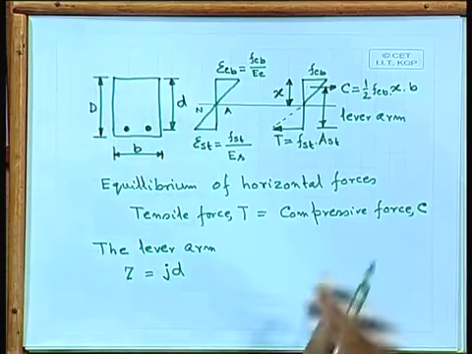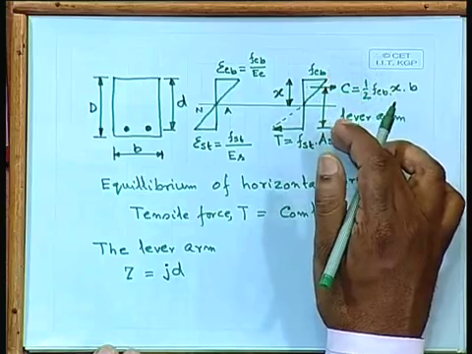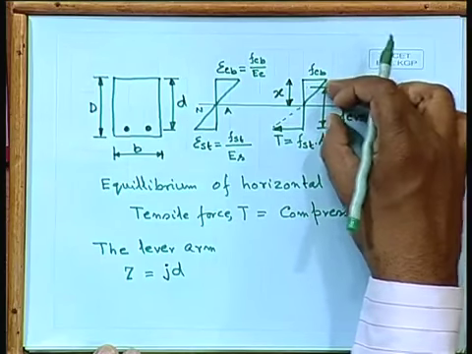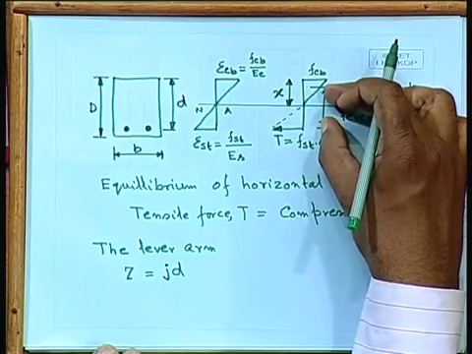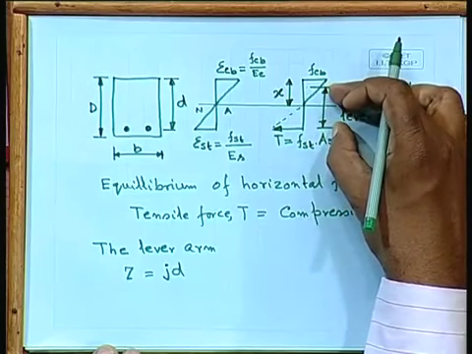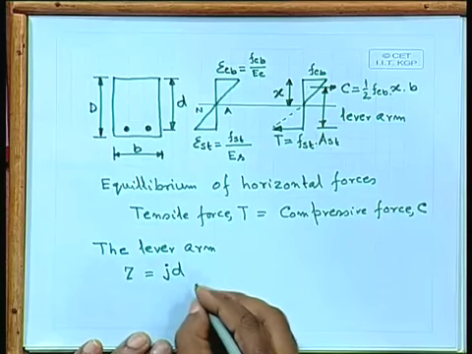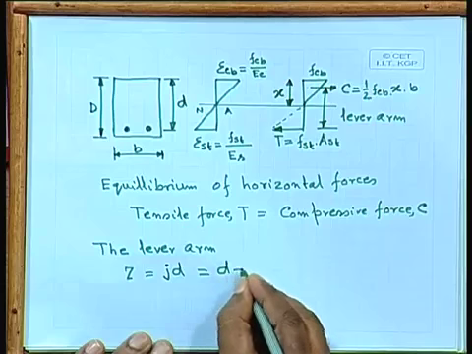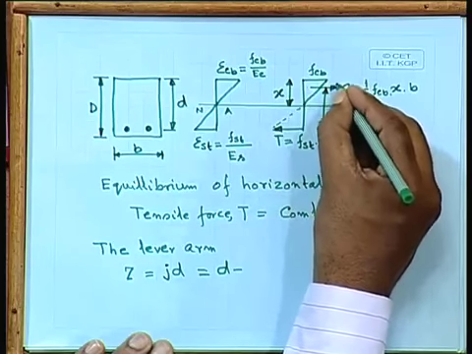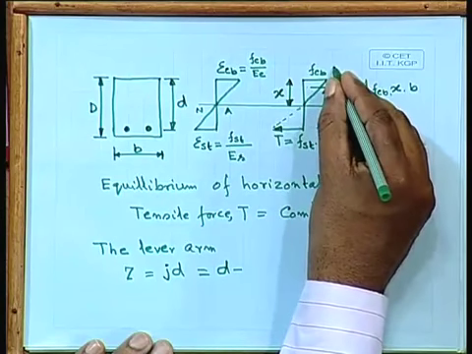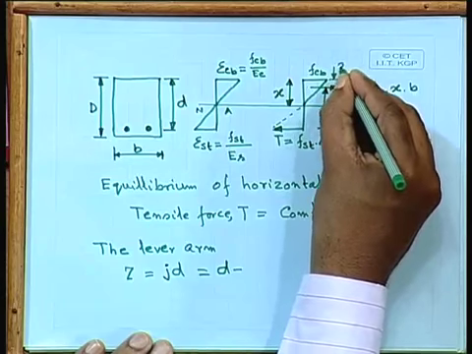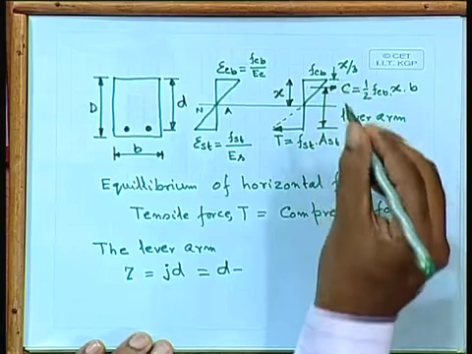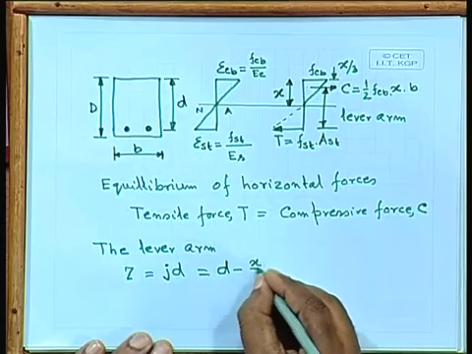So, Z is obviously a certain fraction of effective depth, because this is the lever arm we are talking about. So, Z equal to jD equal to D minus x by 3, this portion x by 3. So, D minus x by 3 is your lever arm.